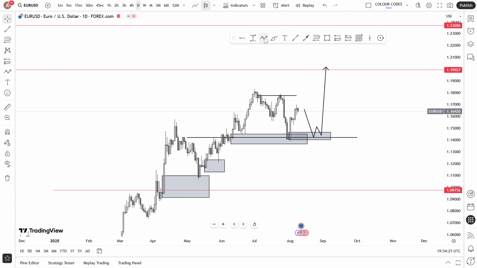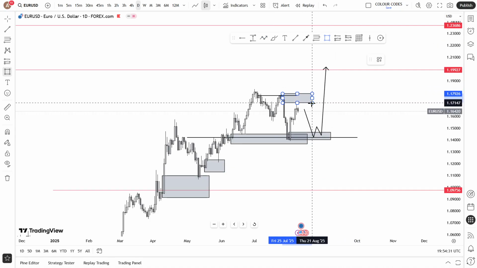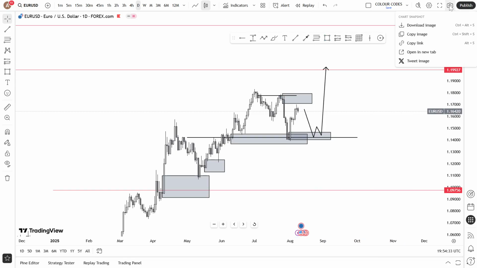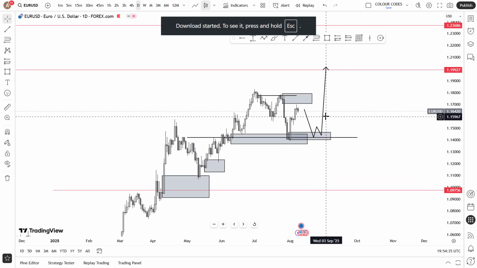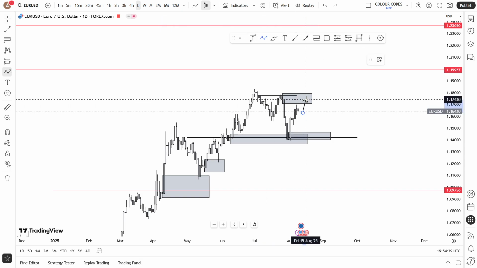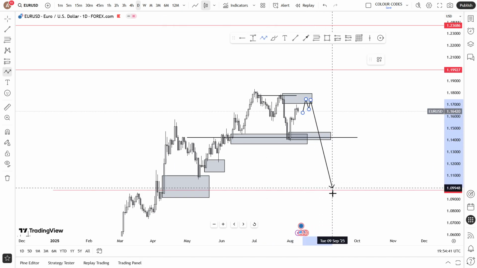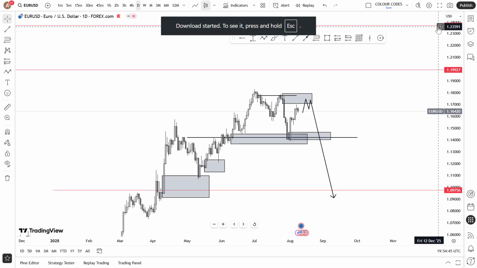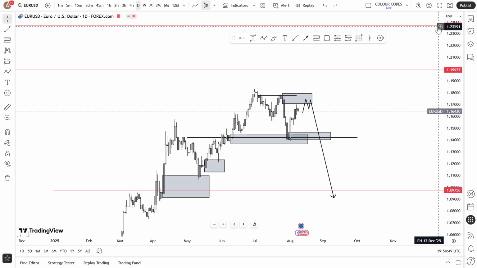So price can just buy to this zone and then also start selling. So scenario two, price can buy and then sell to this particular area. As a trader, you don't stick to one plan. You know your next move even before it ends.